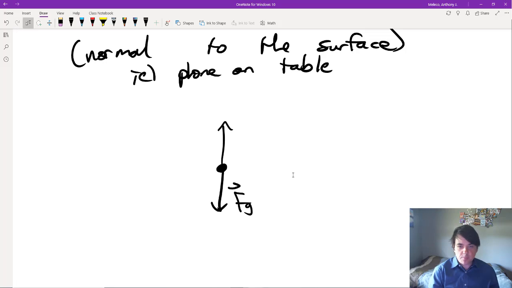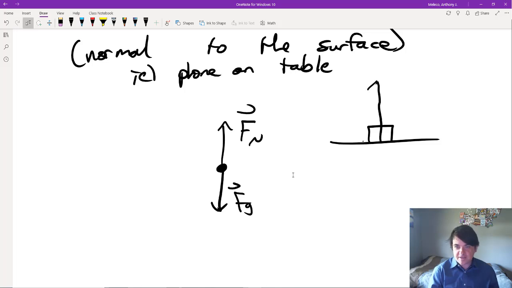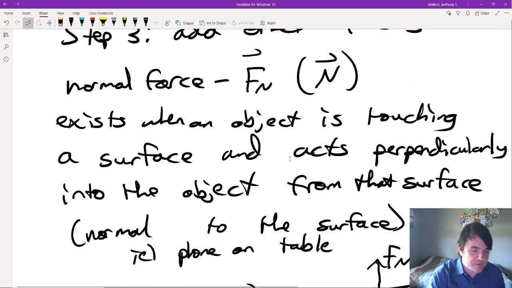It points up, perpendicular, and I would just label it like that, because here's what the phone looks like. The phone's just sitting on the table. The normal force acts perpendicularly upward into the object. And this is normal to the surface because it forms 90 degrees, and that's why it has the name normal force.